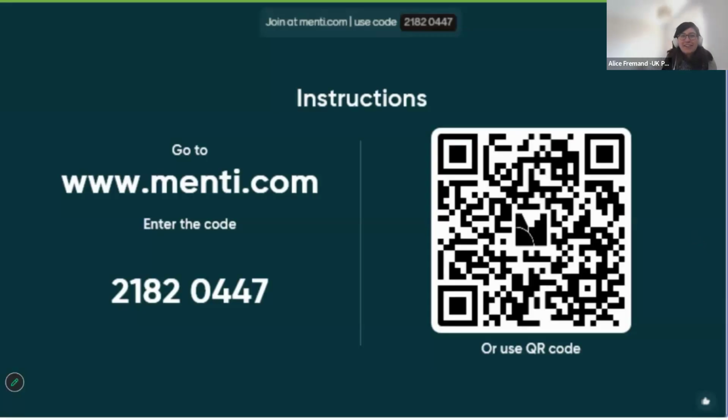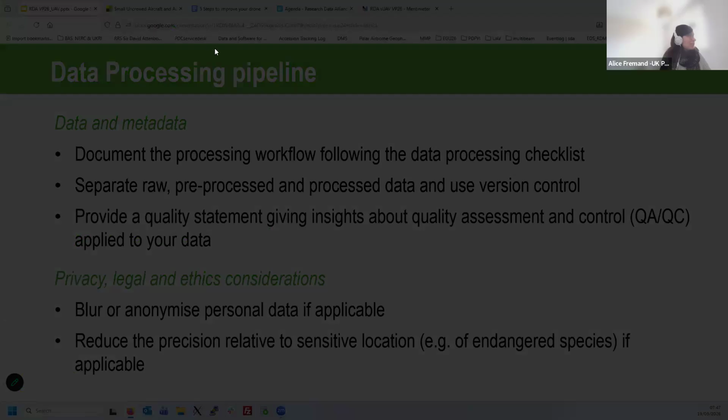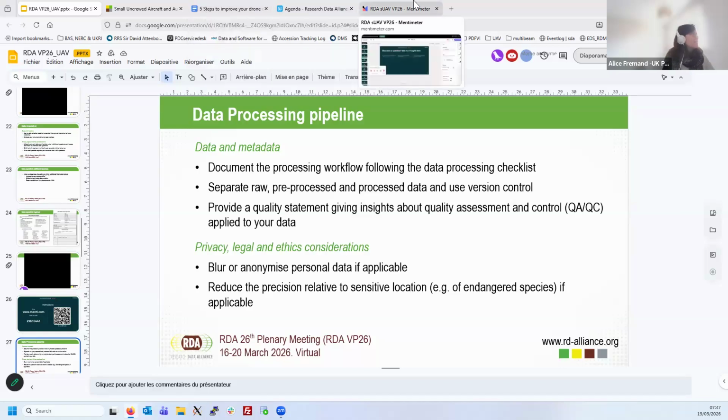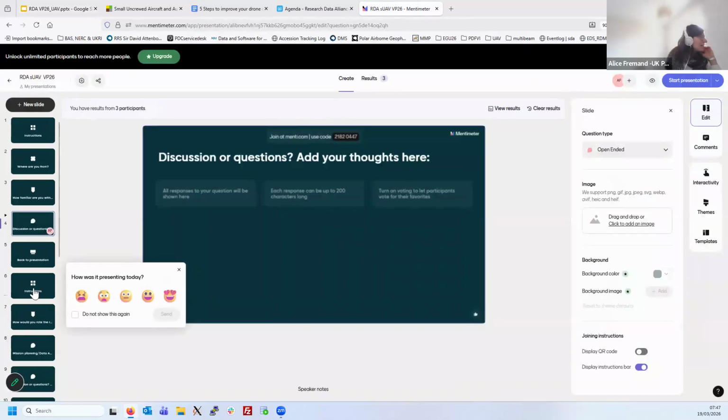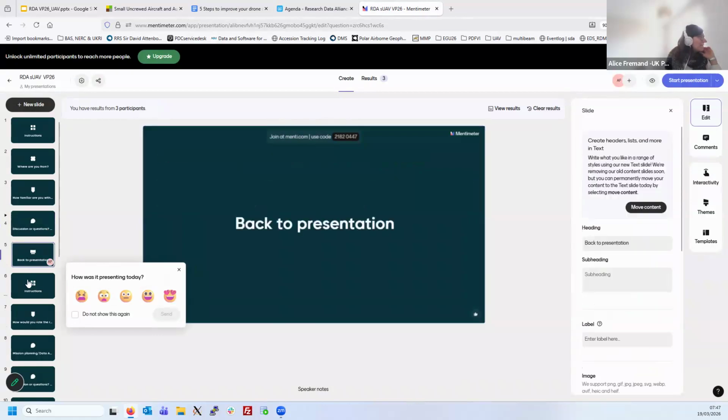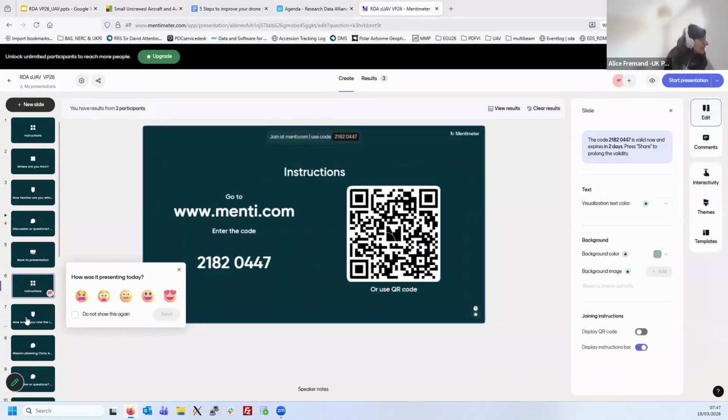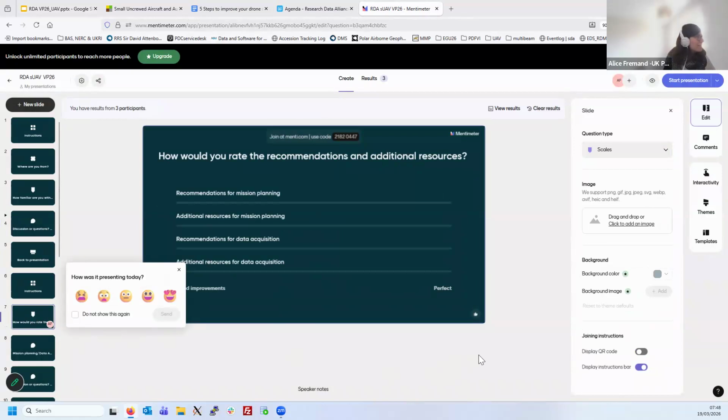So this is the end of our first part, and now we have a short time for more discussion around this theme.